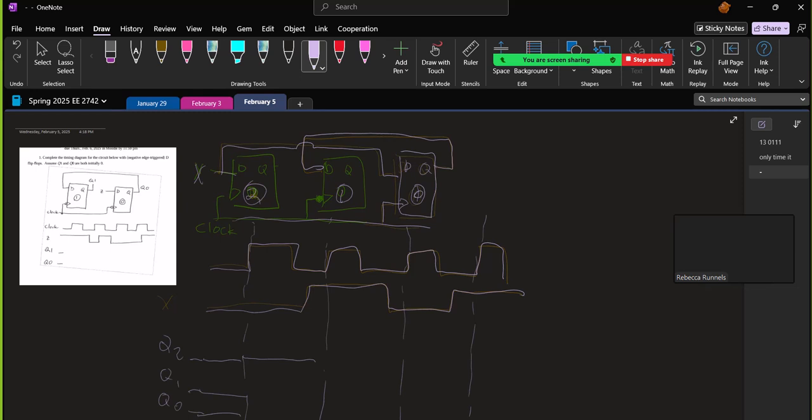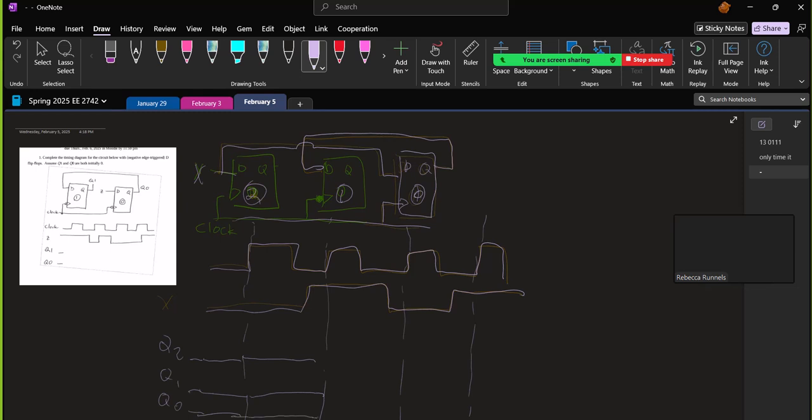Q0. And what was Q0? Also 0. So what's Q1 going to do? Following, yep. Q0, what's its input? X, which is 0, so it'll stay 0.